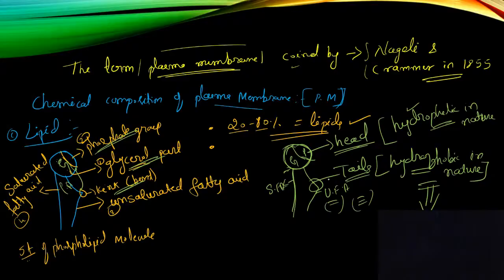Okay. This is the lipid, the chemical of the plasma membrane. The next one is the proteins. Here, proteins in the plasma membrane appear in two different forms.